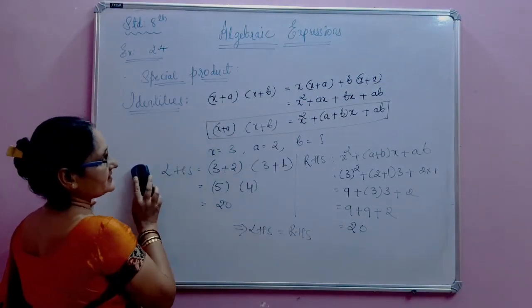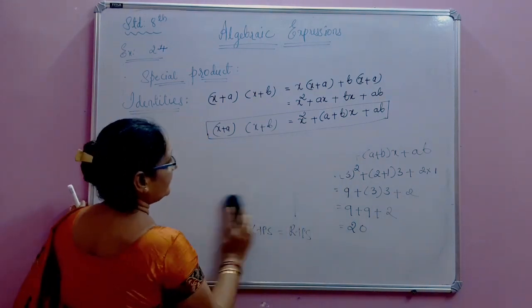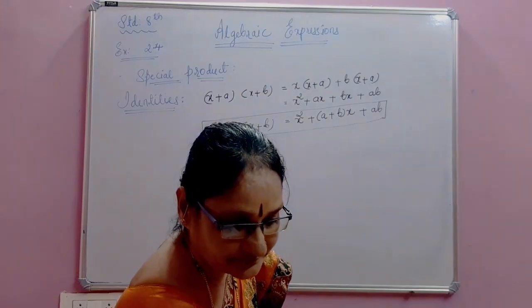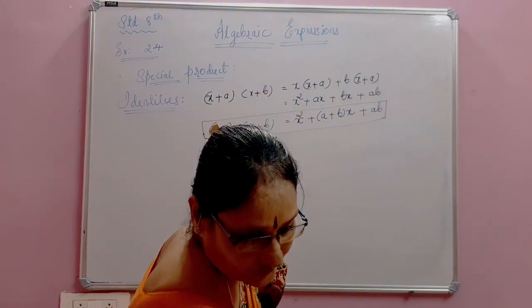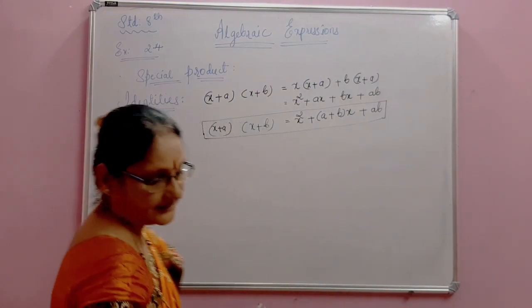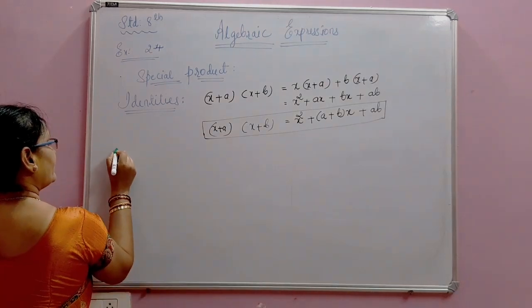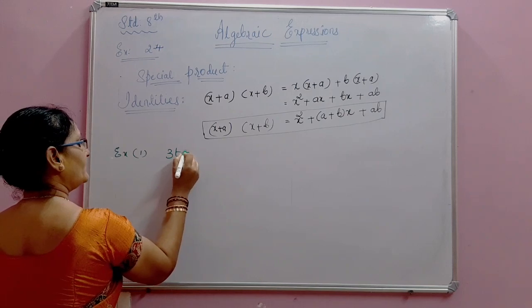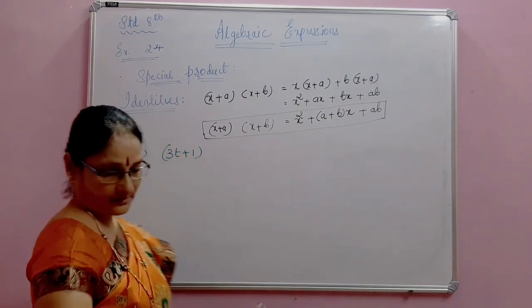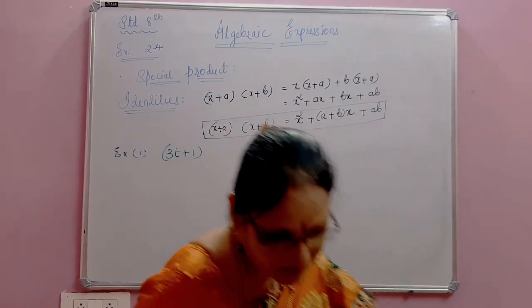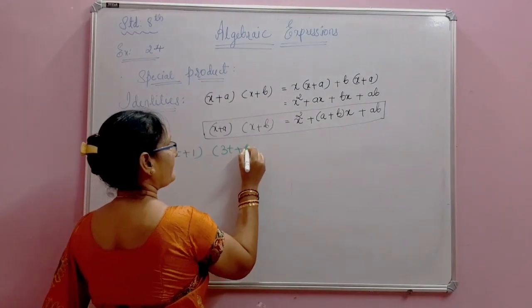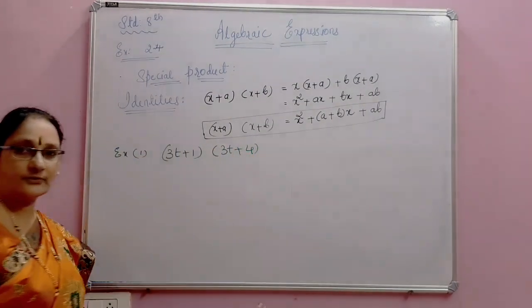Now I will take one example for this, (x + a)(x + b), from your exercise 2.4. In that, the second one, I take (3t + 1)(3t + 4).